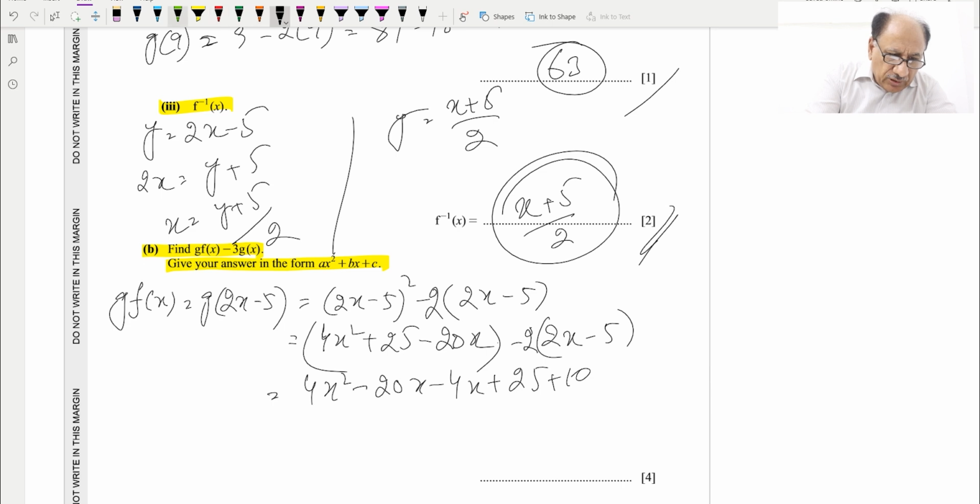So further we can write the step: 4x square minus 20x and minus 4x, so minus 24x, and plus 35.